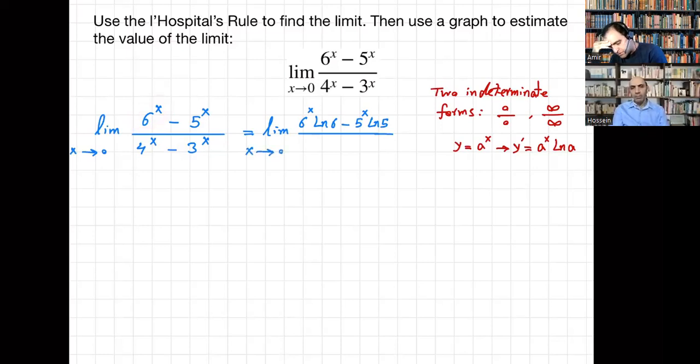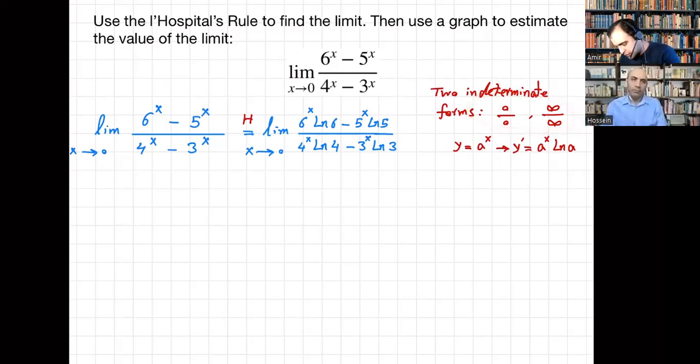And then in the denominator, the same rule: 4 to the power of x ln of 4 minus 3 to the power of x ln of 3. And when we use the L'Hopital rule here, we check again the value of the limit to see what we get. If we get one of these forms, we can again use L'Hopital rule. If not, then we have the answer.